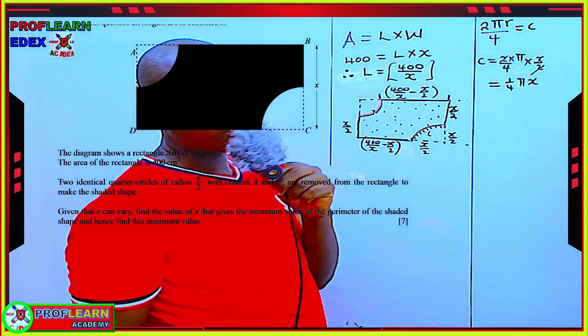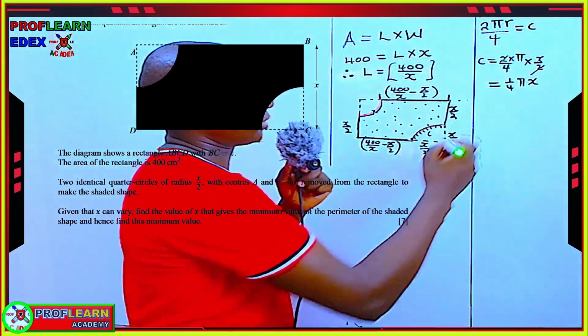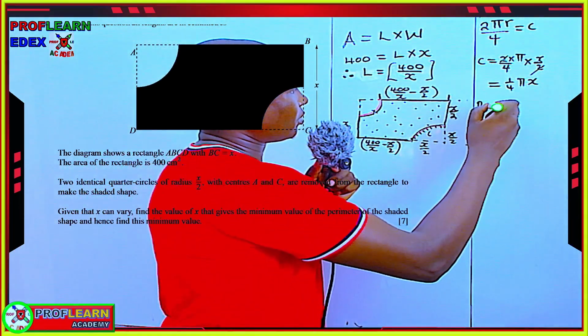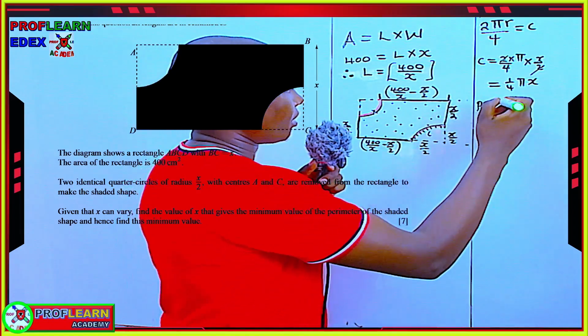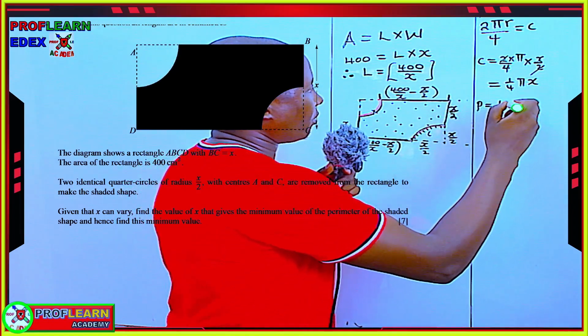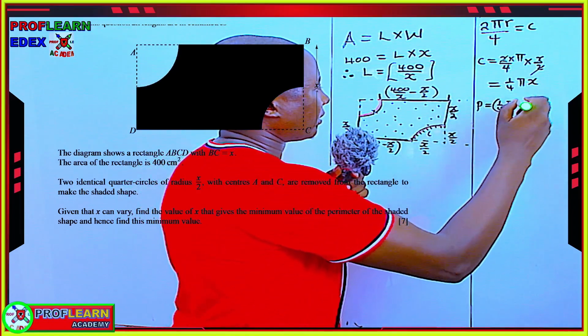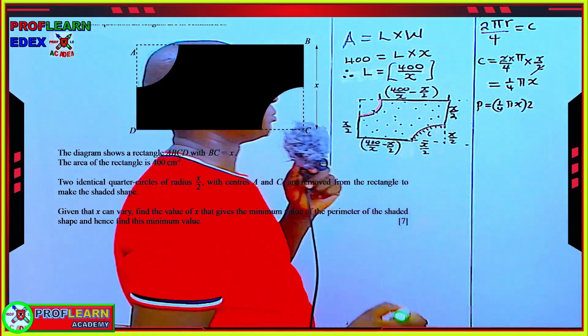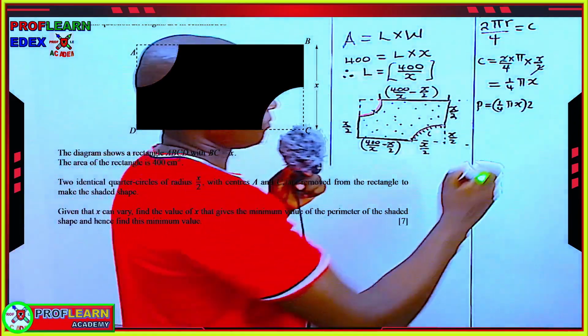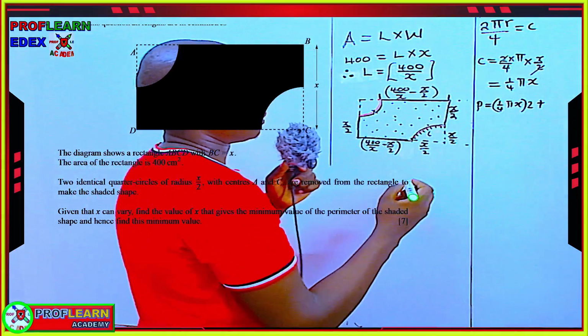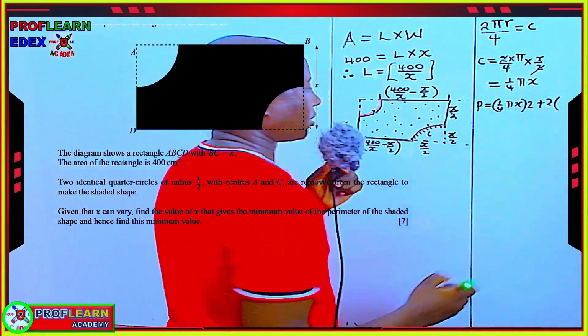But remember, there are two of them, so we take note of that. The perimeter is going to be equal to 1 over 4 pi x times 2.